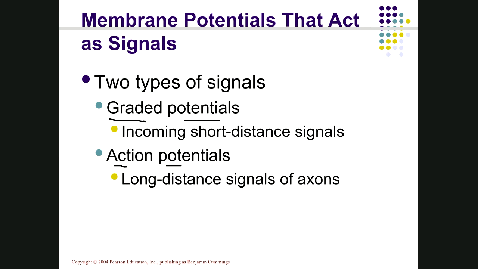Well, graded potentials don't travel very far, and so they're for short distance communication. But action potentials travel really, really far, and so they're good for long distance communication. So graded potential, short distance, action potentials, long distance.